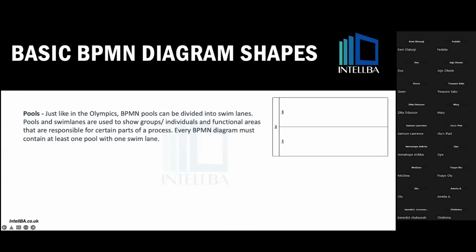So it separates different functional areas so that you can know what activities are done by the customers and what activities are done by the admin. Every BPMN diagram must contain at least one pool. If you're just doing a process map of just one functional area, I call it an activity diagram. Because every process would one way or the other have handoffs with another person.